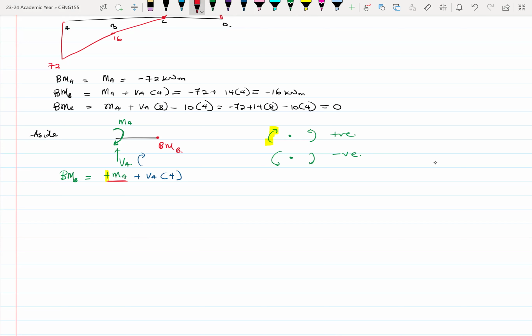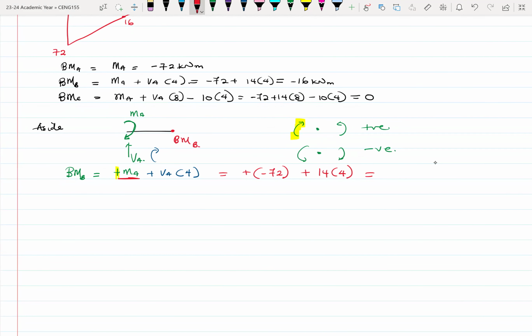But please take note, MA in itself is negative. So this is equal to plus, in brackets, minus 72, because MA is negative in terms of its value and its direction, plus VA, where VA is 14, so 14 times 4. Minus 72 plus 14 times 4 will give us minus 16, and that is the reason I had the minus 16 in my previous calculation. So this is just an aside to explain the concept to us.